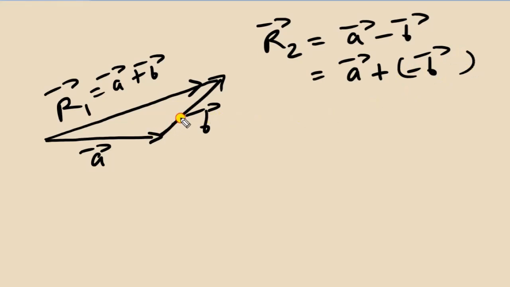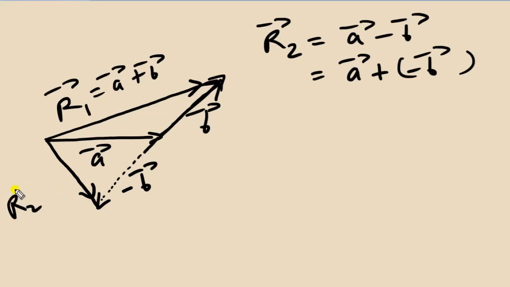Since vector b is represented by this arrow, minus vector b would be represented by an arrow in exactly the opposite direction with the same magnitude as that of vector b. So minus of vector b would be represented by this arrow. Vector a minus vector b is nothing but the addition of vector a and minus of vector b, which would be represented by this arrow using the triangle law. So vector r2 is equal to vector a minus vector b.